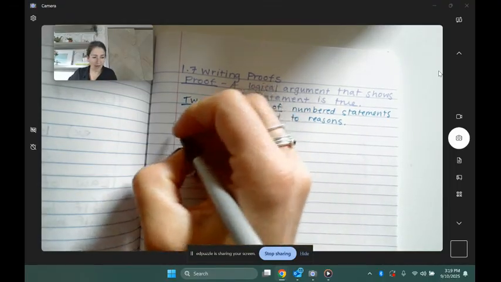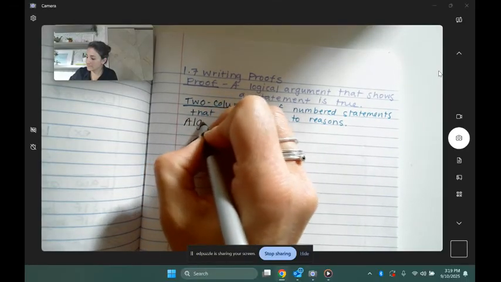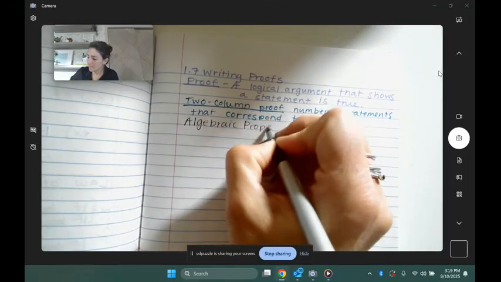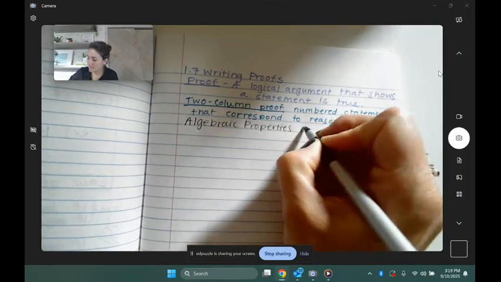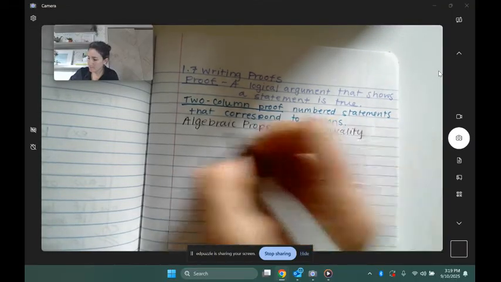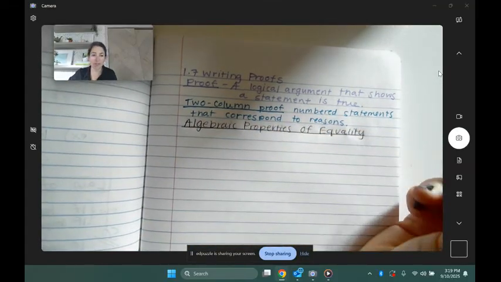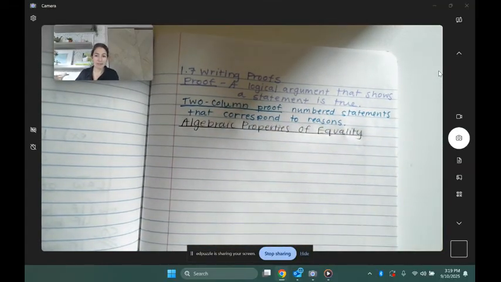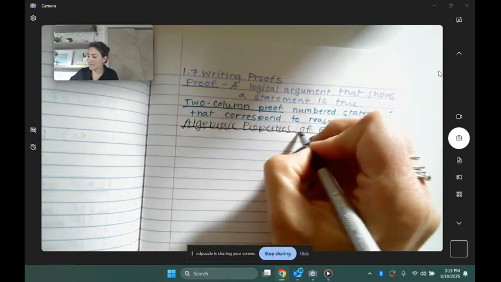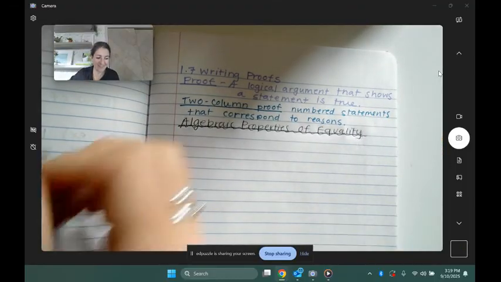These are algebraic properties of equality, and they're going to feel like they make sense. I'm going to give it a fancy underline because there are 5 that fall under it.